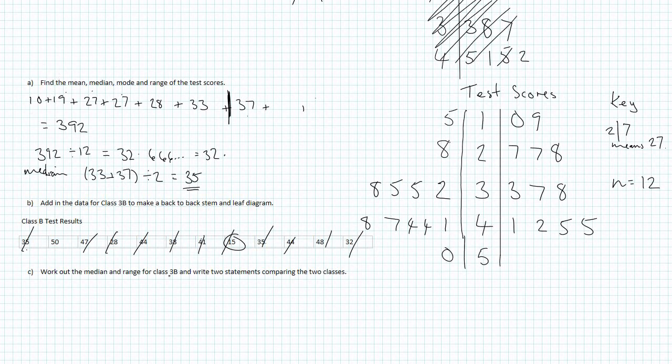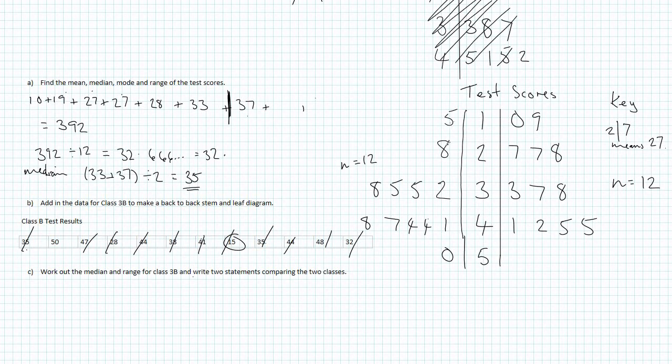Okay, so work out the median and range for class 3B and write two statements. Well, hang on. We've got our n equals 12 over here, and over on the other side we've got 1, 2, 3, 4, 5, 6, 7, 8, 9, 12. I've got n equals 12 over here as well. So without writing out all the numbers, I've already got them in order. So I've got 12 numbers, so I'm going to do the same thing again.